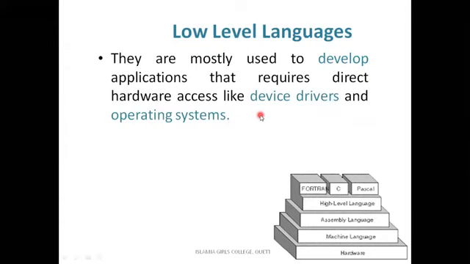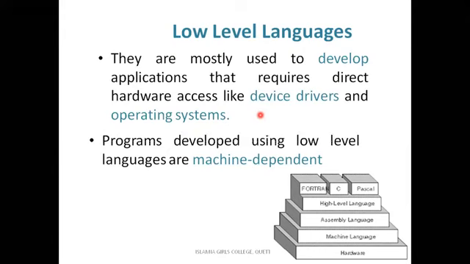This means that they are mostly used to develop system software, because you know that system software is the software which interacts directly with the hardware. And the low-level languages provide us accessibility to the hardware. Therefore, we will use the low-level languages for developing system software.